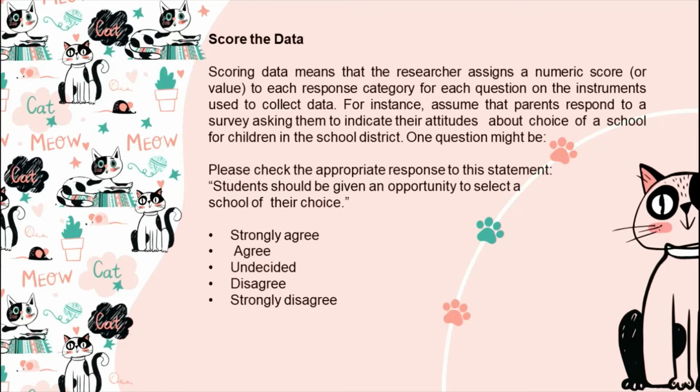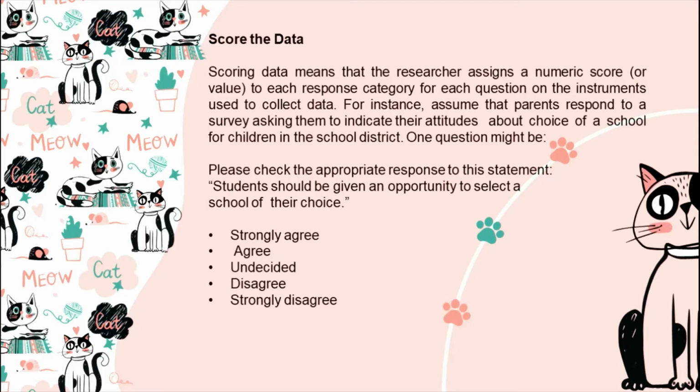Score the data. Scoring data means that the researcher assigns a number value to each response category for each question on the instrument used to collect data. For instance, assume that parents respond to a survey asking them to indicate their attitude about a choice of school for children in the school district.